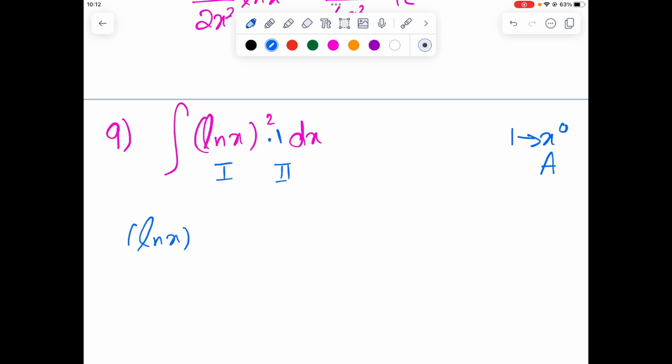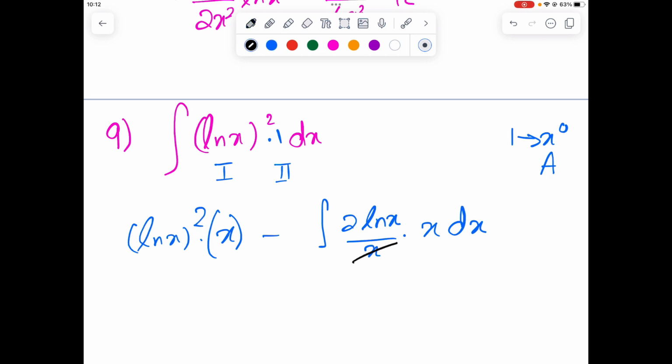So first function, integral of the second function, minus integral of the derivative of ln x whole square, 2 ln x, and ln x derivative 1 upon x, times carry forward the 1 which you wrote in the brackets, integral of the second function was x dx. Then x gets cancelled. So it becomes x ln x whole square minus 2 integral of ln x dx.